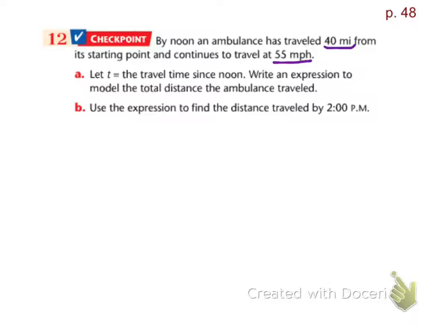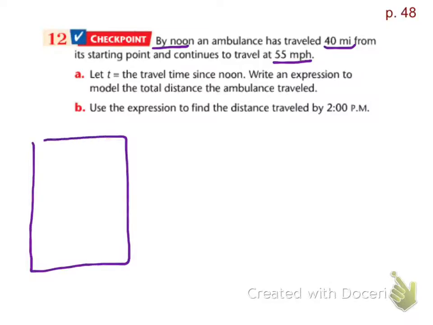Okay, so we also have by noon is when it has traveled. So if I'm going to make my table here, I know that my starting point, so at 0 hours, is going to be 40 miles.